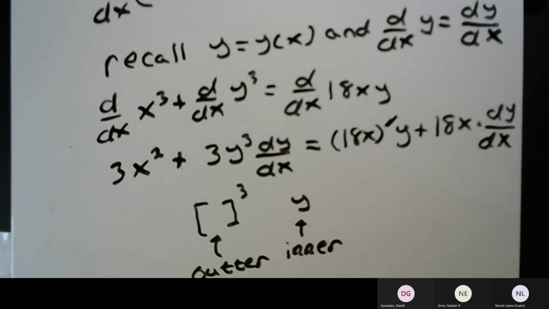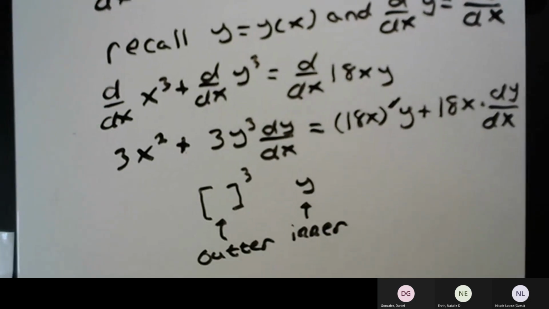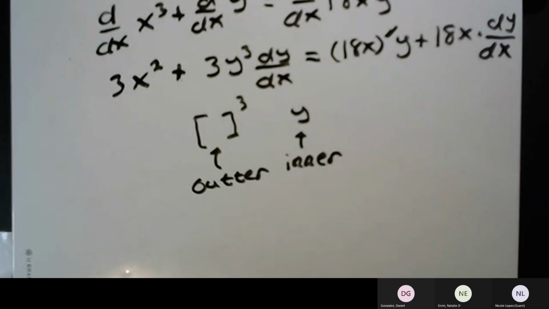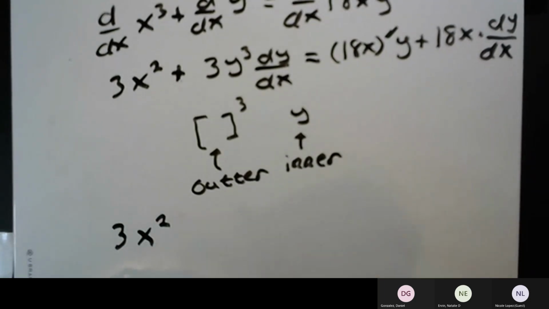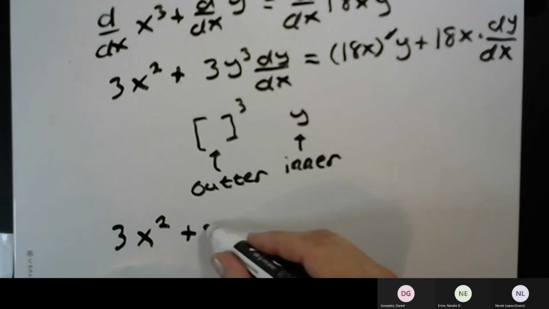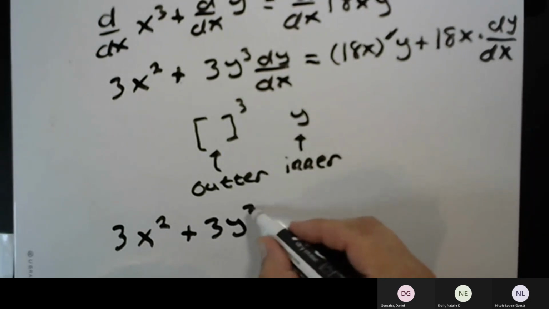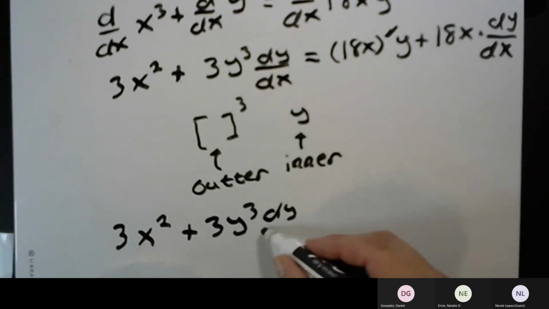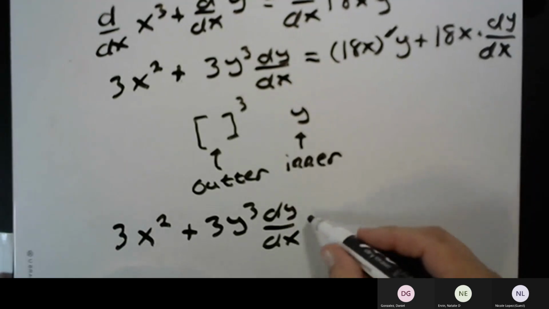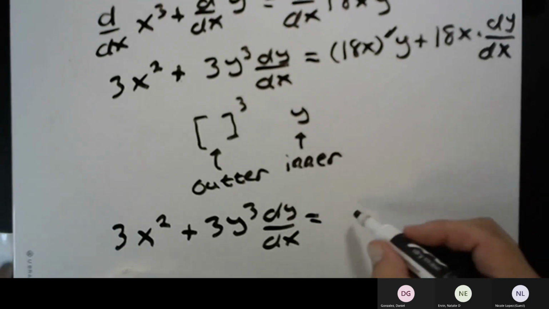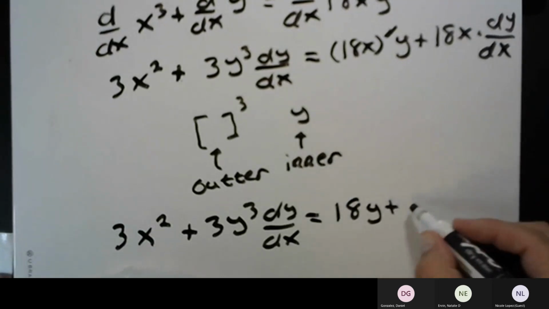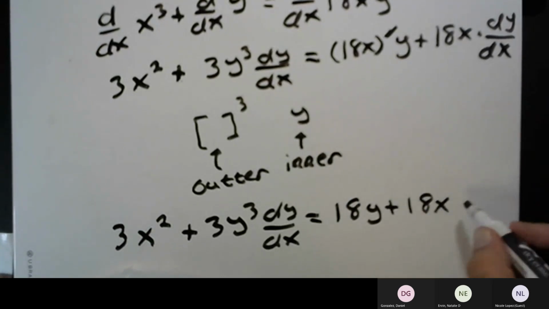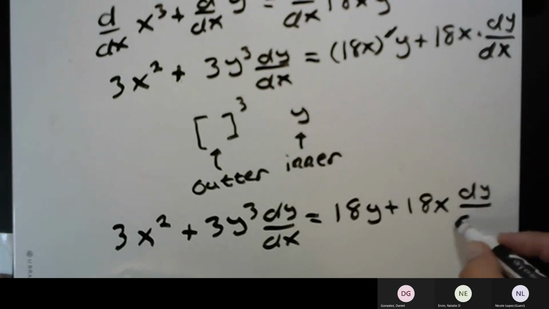That's the best we can do. So what we end up getting will be 3x squared plus 3y squared dy/dx equals, let's see, 18x prime, that's going to be 18y plus 18x dy/dx.